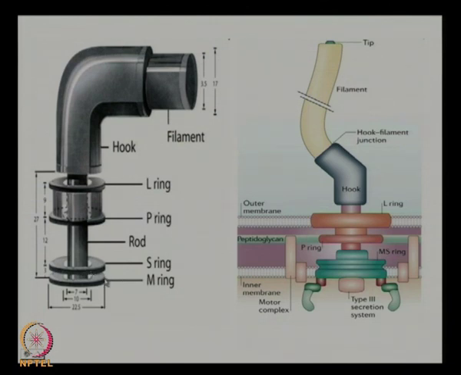This is the M ring, which means part of this ring is attached to the inner membrane of the cell, followed by the S ring, and the P ring and L ring are present on the outer membrane of the cell wall of this bacteria.